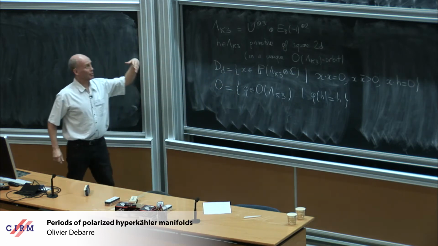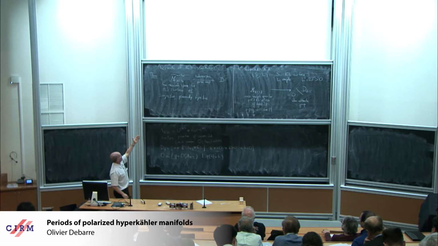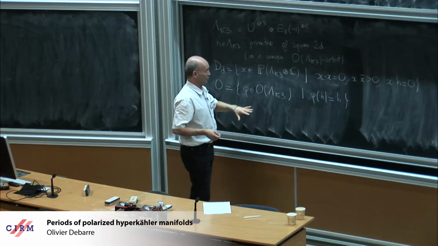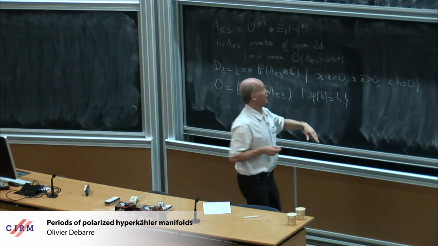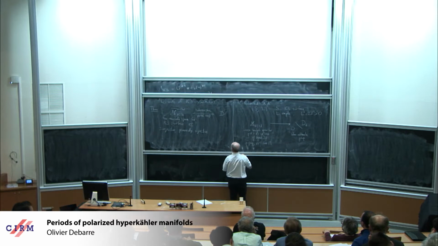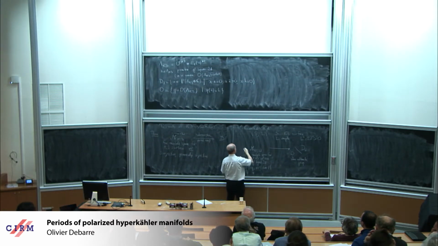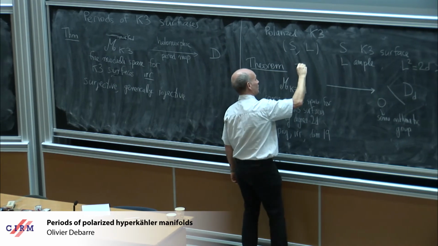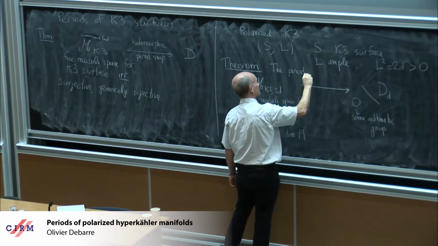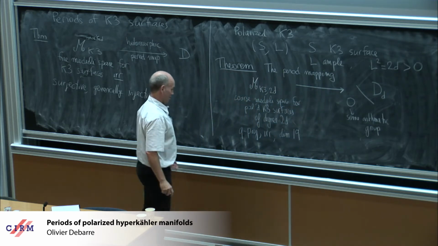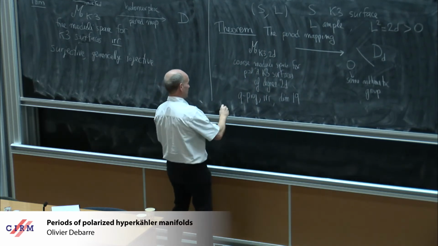Okay, so if you think about it, I can start by defining the period mapping for marked polarized K3 surfaces, and if I take the quotient by the action of this group here on both sides, I end up with a map like this. And so let me go back to this map here. So the theorem is that this period mapping, so there's not much room here, is algebraic.